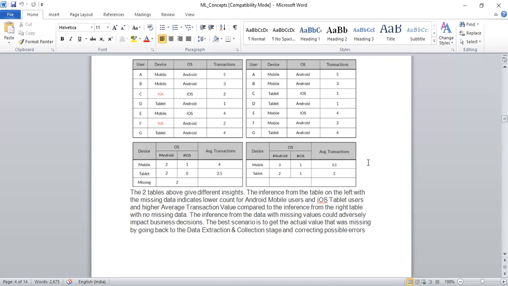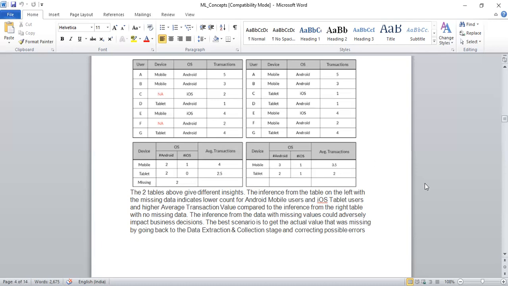So 6 by 3, because tablet device has appeared here 3 times, thrice. So you have to divide the total number of transactions for tablet device by 3. So 4 plus 1 plus 1, 6 by 3, that is your 2. Okay, that is the average transactions.